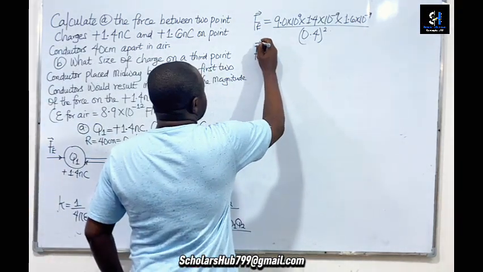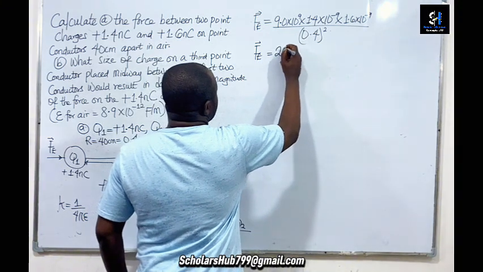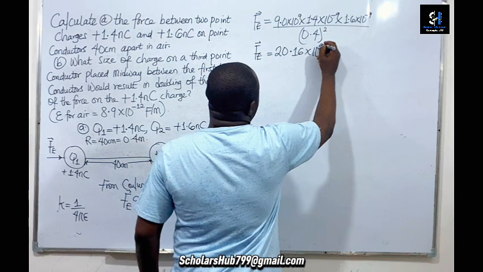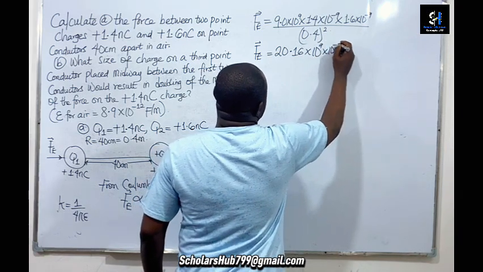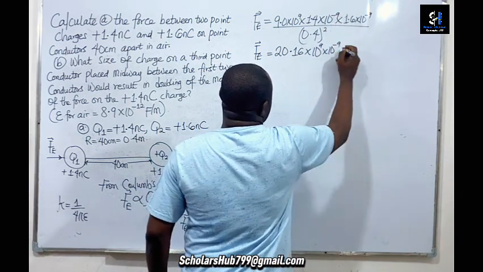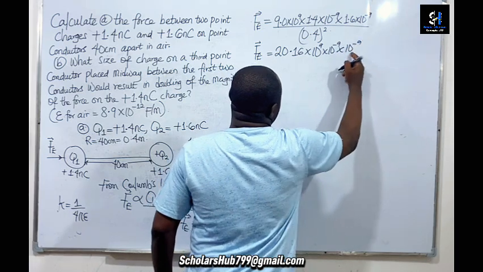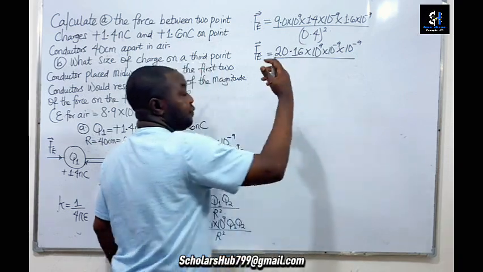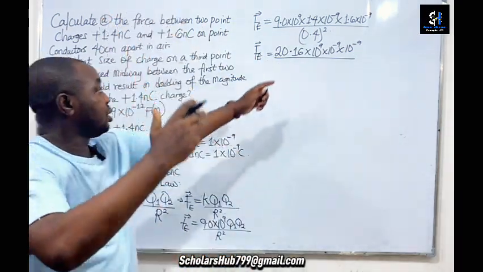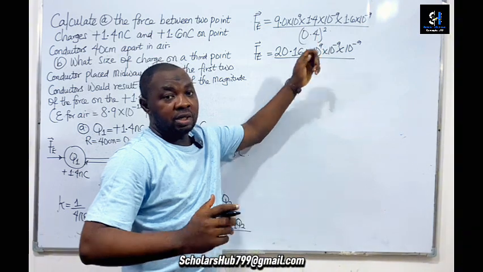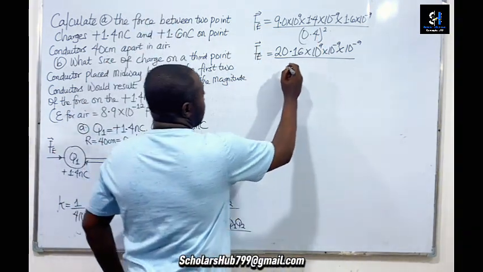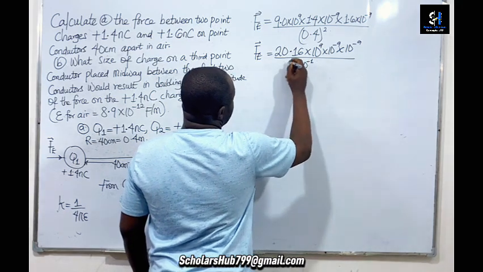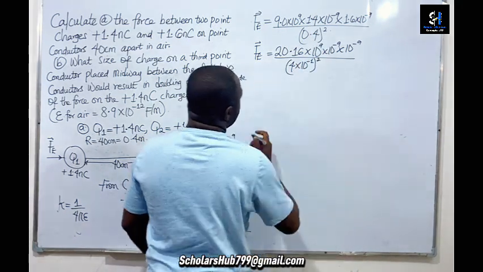So the electric force will be equal to 20.16 times 10 raised to the power of 9 multiplied by 10 raised to the power of minus 9, this first one, multiplied by 10 raised to the power of minus 9, this second one, all over, this is the same thing as 4 times 10 to the power of minus 1, that is 0.4. Then when raised to the power of 2, let me write this, it is 4 times 10 raised to the power of minus 1, then raised to the power of 2.